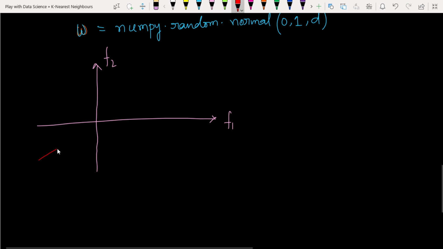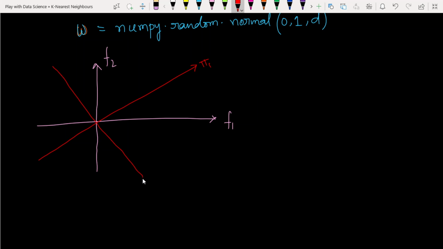If we take one hyperplane, let's call it pi 1, then it divides the space into two sides. If we take two hyperplanes, suppose another hyperplane pi 2, then how many sides? One side, two sides, three, four. If we take another hyperplane like that, pi 3, then how many sides?